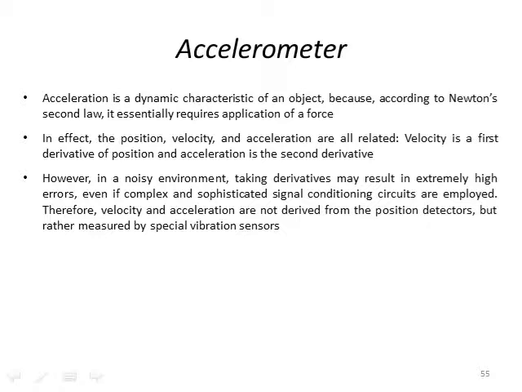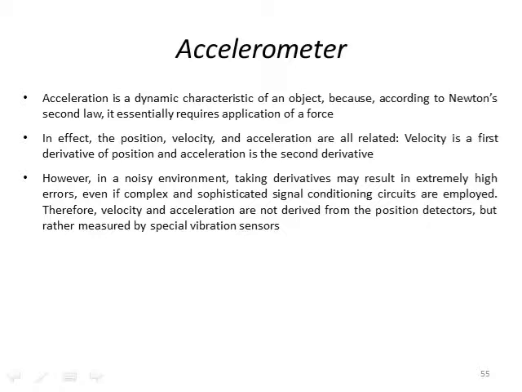However, in a noisy environment, taking derivatives may result in extremely high errors. Taking a derivative when you don't have something that's smoothly varying can lead to huge errors. Therefore, velocity and acceleration are not taken from these displacement sensors, because then we would have to take direct derivatives.